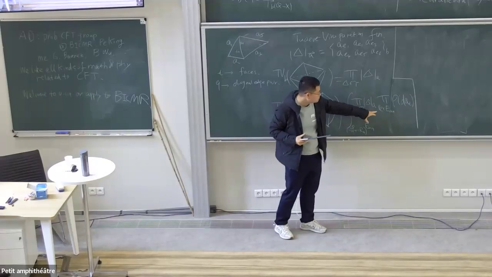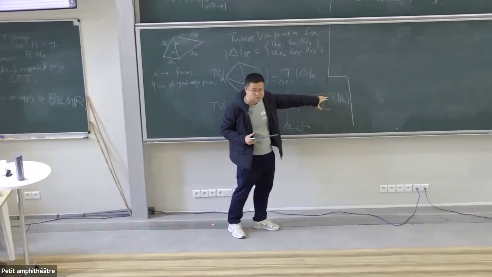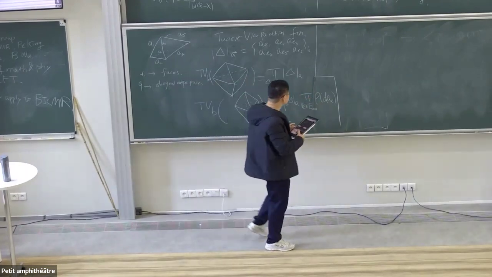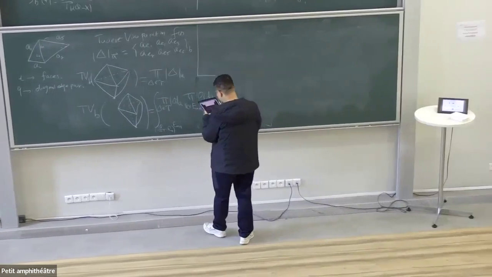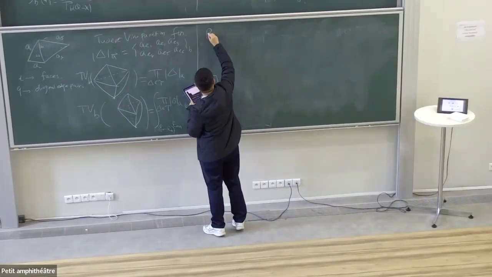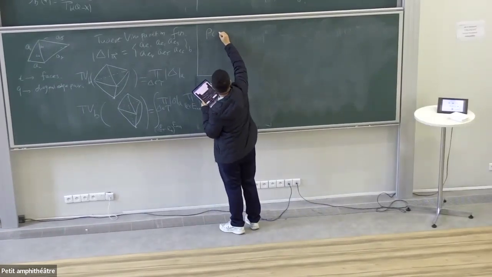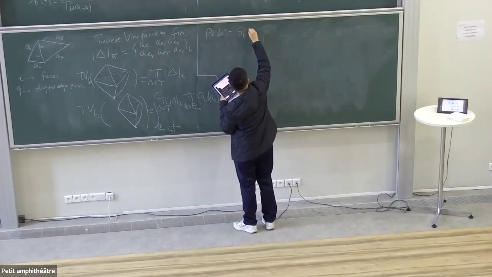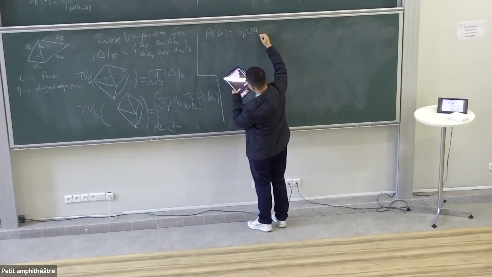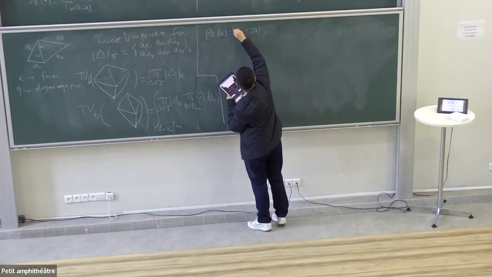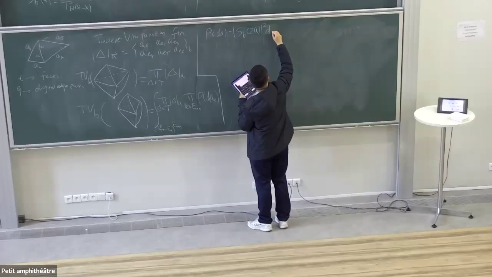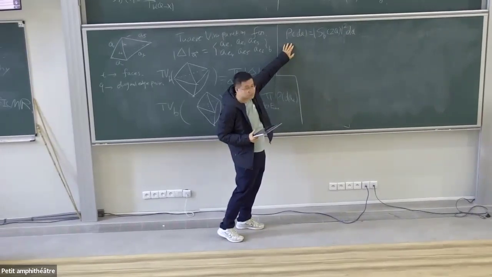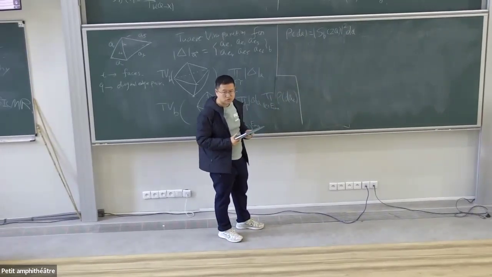And then whenever I have an inner edge, I also integrate over some spectral measure. And this measure is given by this. And this is actually the Plancherel measure for this corresponding quantum group.